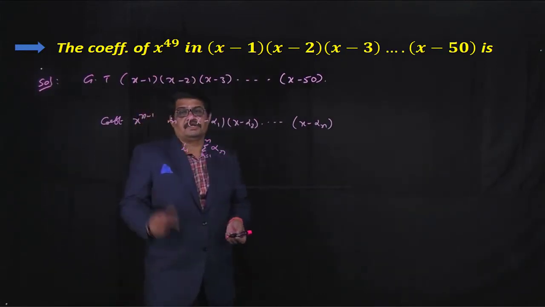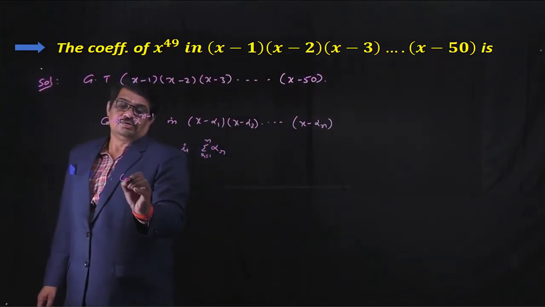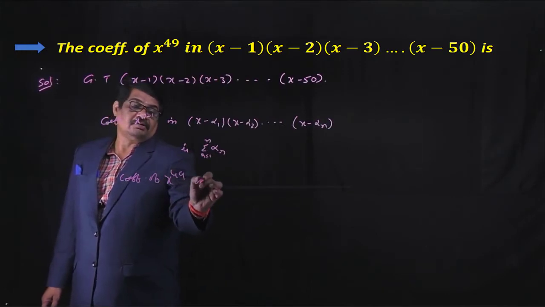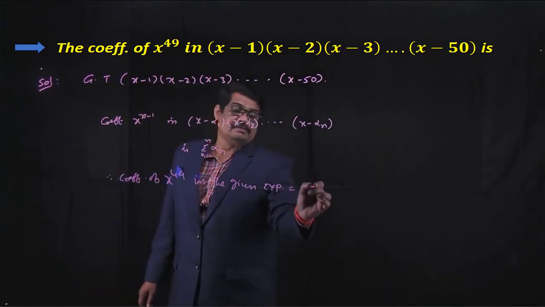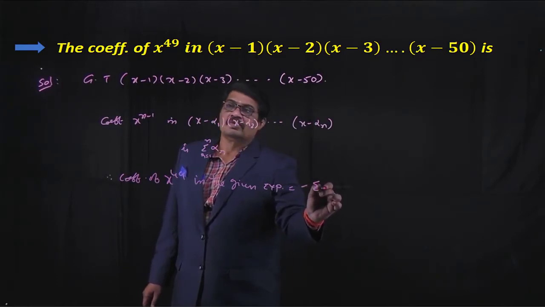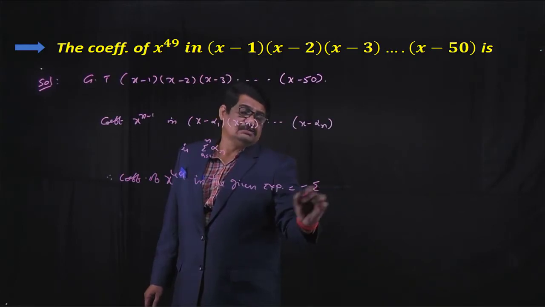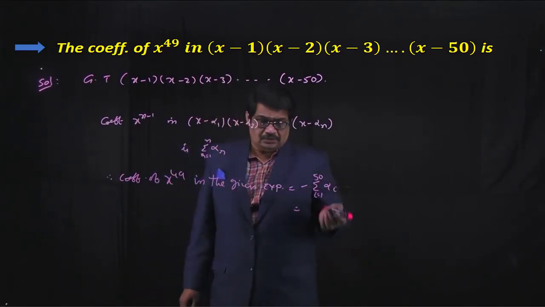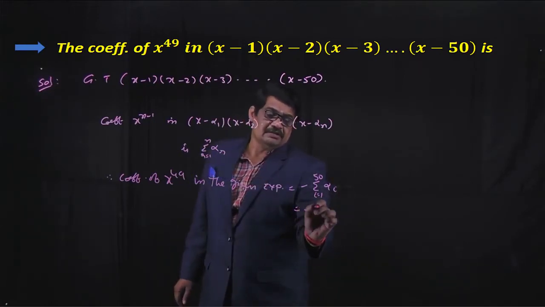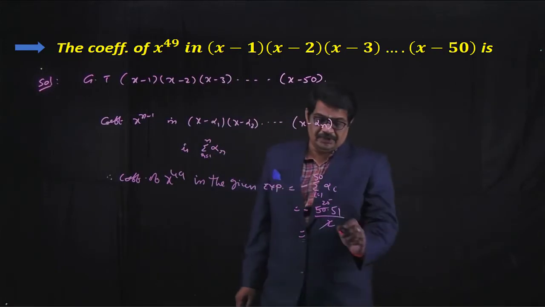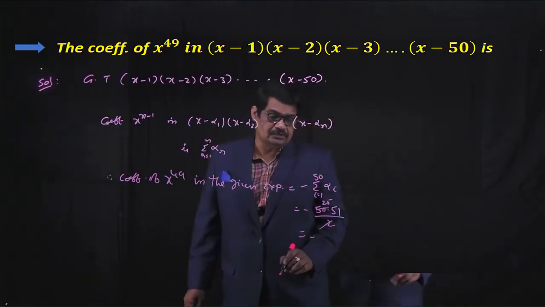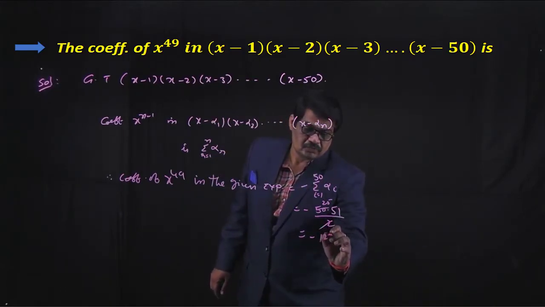So using this formula, the coefficient of x to the power of 49 in the given expression is minus sigma alpha i, i is 1 to 50, that is the sum of the first 50 natural numbers, that is minus n into n plus 1 by 2, that is 25 into 51, that is minus 1275.